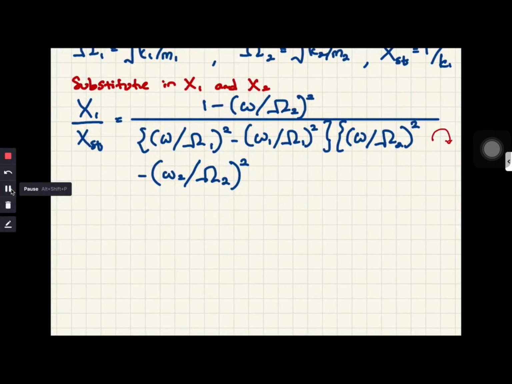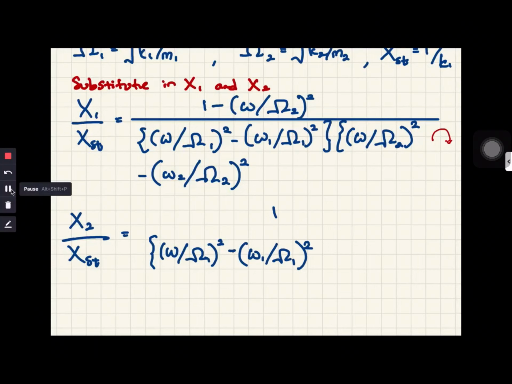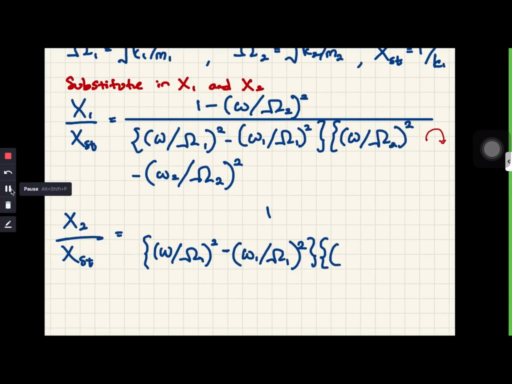Then for X2, the same thing, so capital X2 over Xst. This one will have 1 over omega divided by capital omega 1 squared minus omega 1 divided by capital omega 1 squared, multiplied by omega divided by capital omega 2 squared.